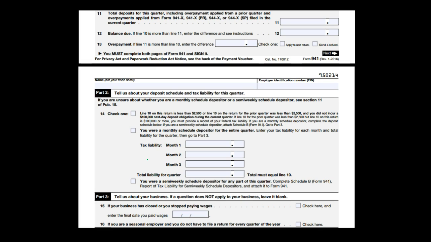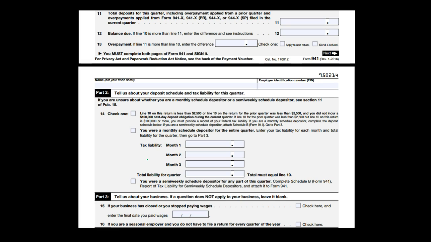Also important to note when we think about Social Security and Medicare, there's an employee portion and an employer portion. The employee portion is going to be pulled out of the wages. It's going to be reported on Form W-2. This report's going to report both the employee portion and the employer portion because the employer is responsible for actually making the check payments, or electronic payments, to the IRS.